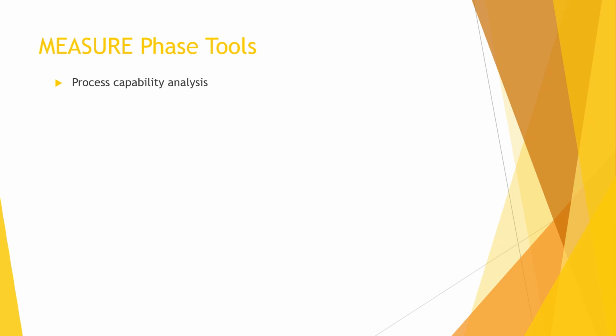But when you do your post-improvement numbers, we should be looking at really nice, tight data, smack dab in the middle. And then there's another measure phase tool we're going to be learning about in the next lecture, gauge R&R. We're going to be learning about descriptive statistics in the next lecture. Graphical analyses.